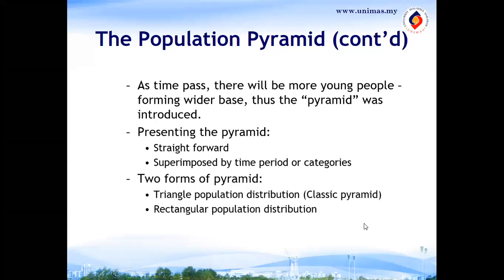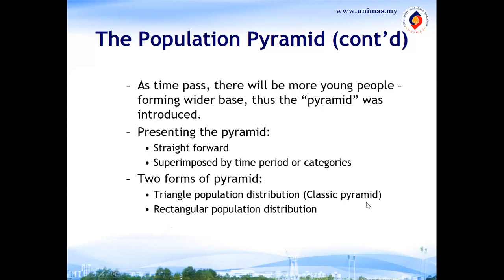Okay, so two forms of pyramid. The classical pyramid is the one that is triangular in shape, yeah, triangle, broad base and tipping towards the top. Yeah, that's the triangular population distribution.